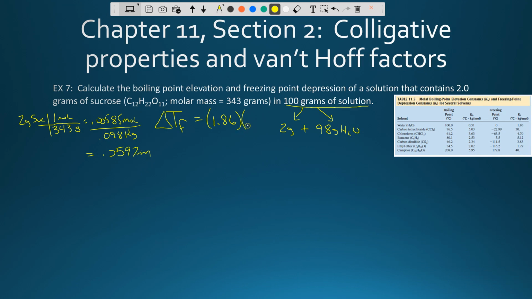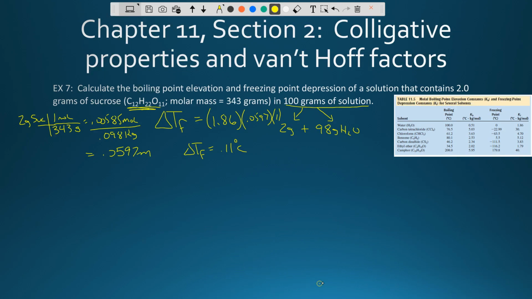So that's what I put right here, 0.0597. Now, I'm using sucrose, which is molecular. When I put that into solution, it doesn't dissociate into ions. It just stays as that compound. So its multiplying factor, or van 't Hoff factor, is going to be a 1. So if I do this calculation real quick, I end up with a value of 0.11 degrees Celsius.